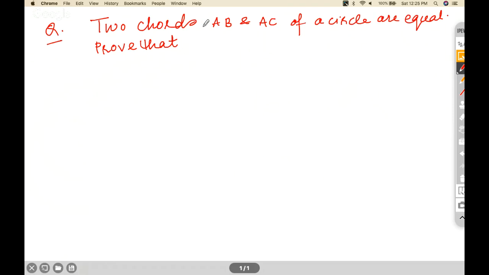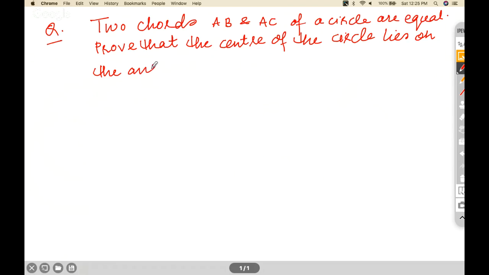While proving, prove that the center of the circle lies on the angular bisector of angle BAC. Just solve it.